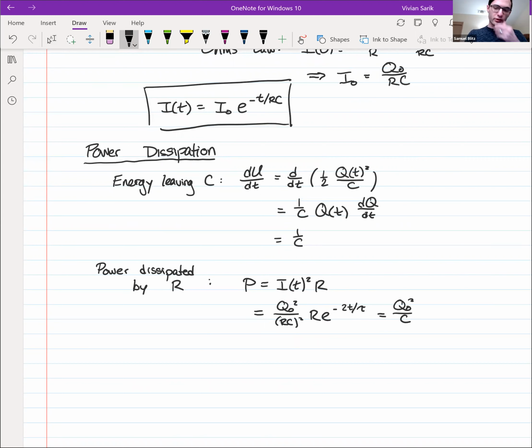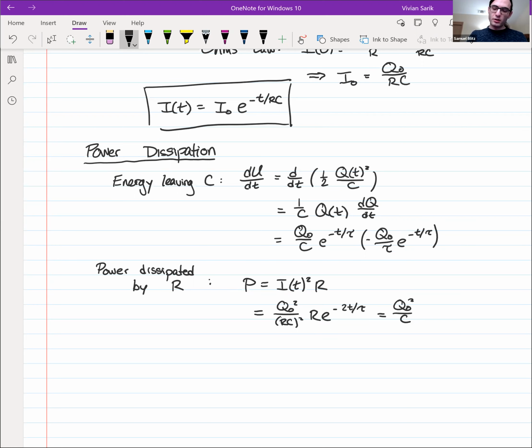I'll have to fix that in my notes. So this is Q naught over C, e to the minus t over tau, times the derivative, right? The derivative would be minus 1 over tau times the original function. So this would be times minus Q naught over tau, e to the minus t over tau.